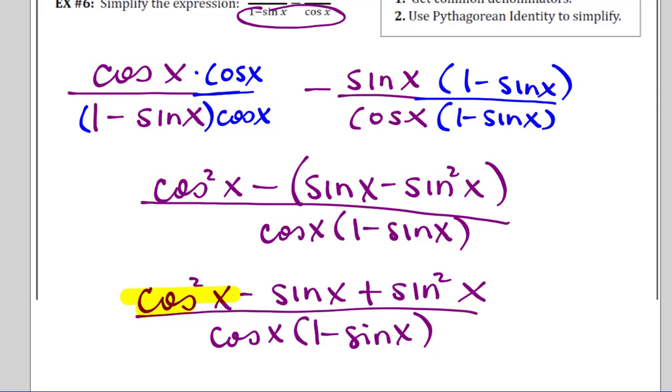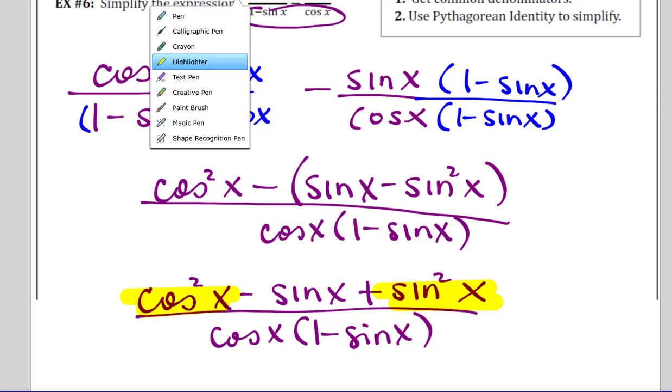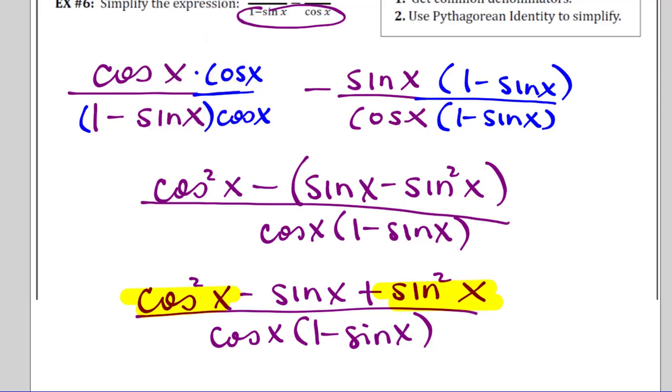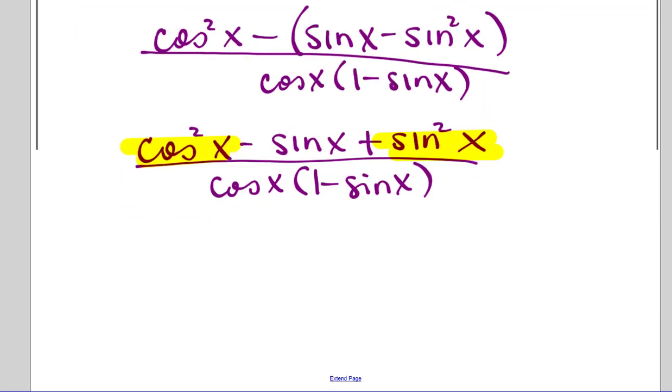Very good, right? It's a really amazing tool. We got cosine squared x plus sine squared x. According to the Pythagorean identity, that is equal to 1. Taking the time to look at that and use it is going to save us a world of trouble, right?